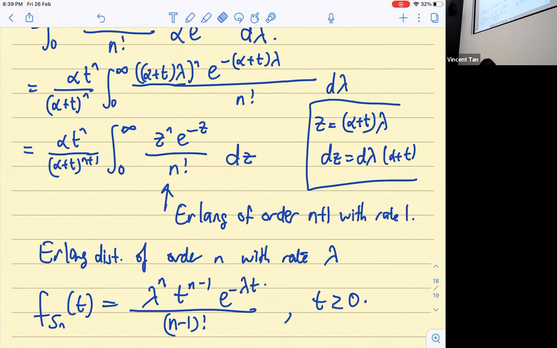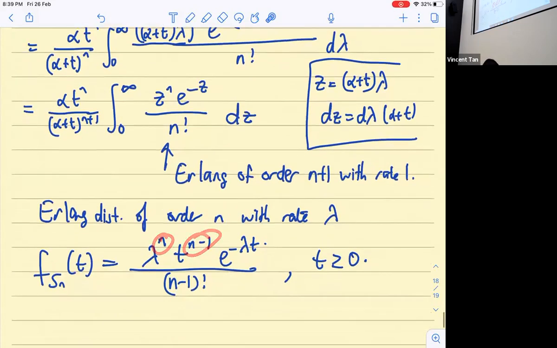The thing that I cannot remember is this n and this n. The rest I remember. But Erlang is a generalization of exponential, and I know that Erlang of order 1 is exponential. So if I put in 1 here, then this gets killed, and this gets killed also, 0 factorial, right?